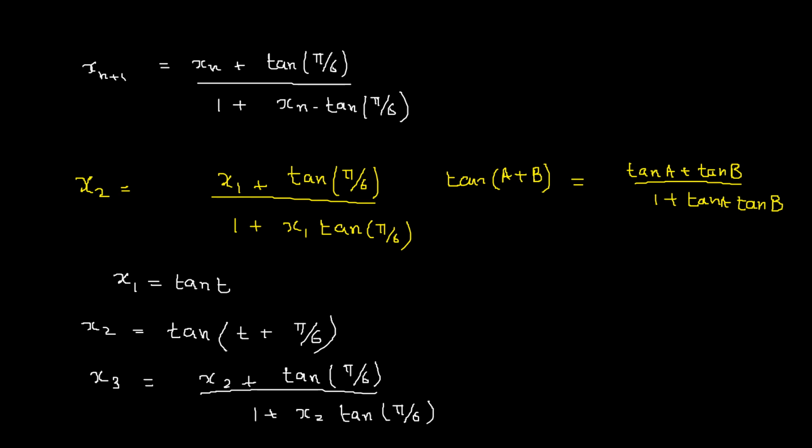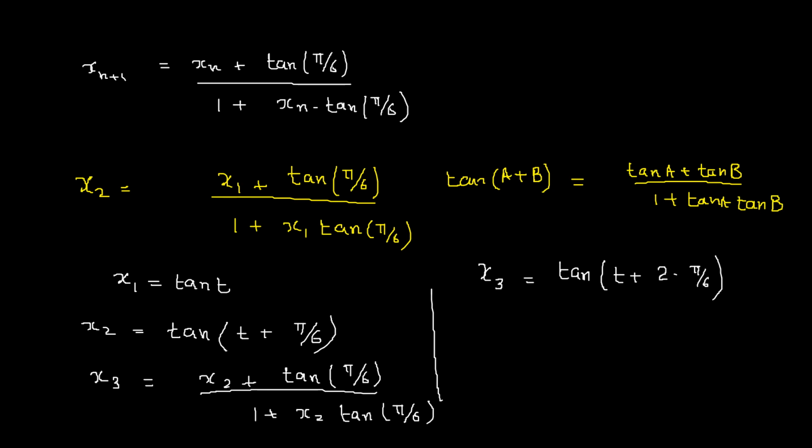By using this sum identity, we can write that x3 is nothing but tangent of t plus 2 times pi by 6.